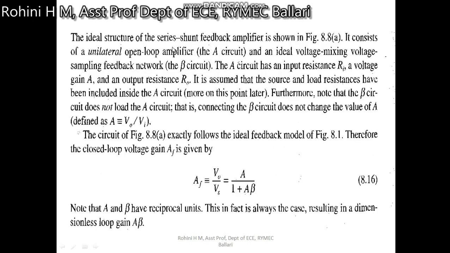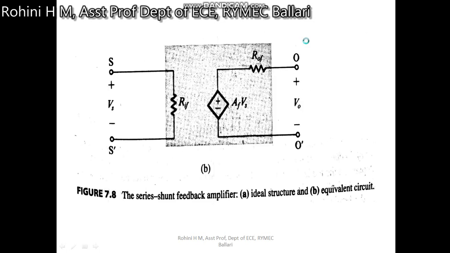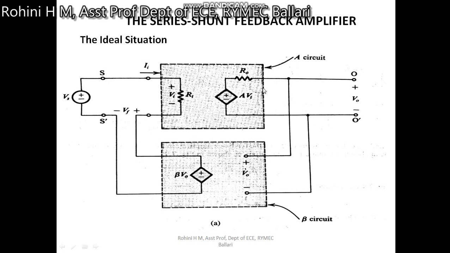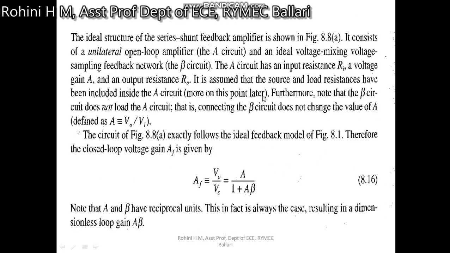The ideal structure of the series shunt feedback amplifier is shown in diagram 8.8. It consists of a unilateral open loop amplifier and an ideal voltage mixing, voltage sampling feedback network. The A circuit has an input resistance Ri, a voltage gain A and an output resistance R0.